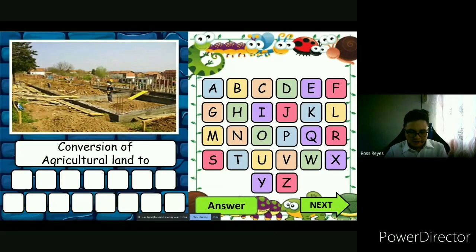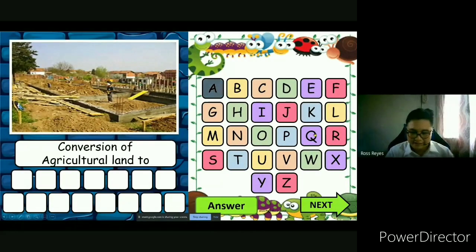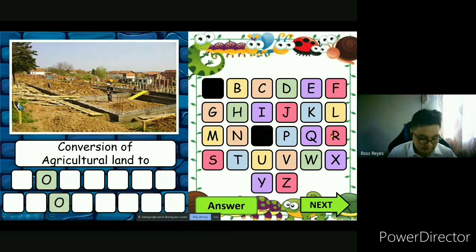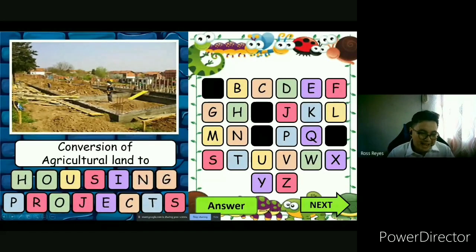Conversion of agricultural land to what? Yes, the picture shows a housing project. This one is very self-explanatory. It's just the conversion of agricultural land into housing projects.